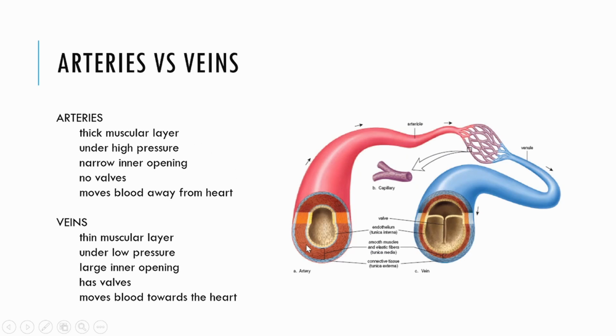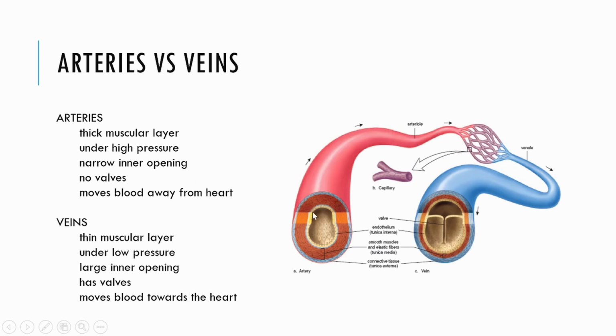We see that this red layer, which is the muscular layer, is very, very thick in the arteries and is very, very thin in the veins. Right? These arteries have to be able to handle higher pressure. They have to be able to kind of push back and be able to stretch and move a bit in response to the blood pressure, whereas the veins don't have to handle that so much, so their muscular layer can be a lot thinner.